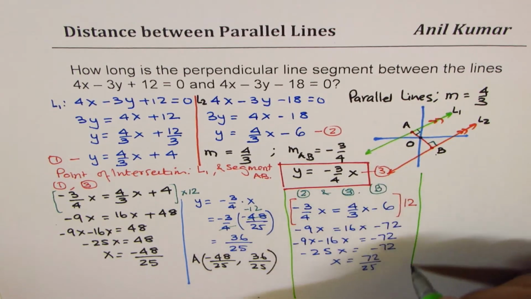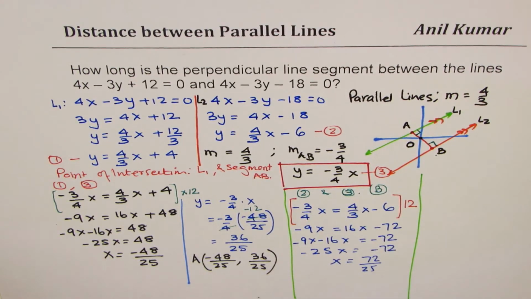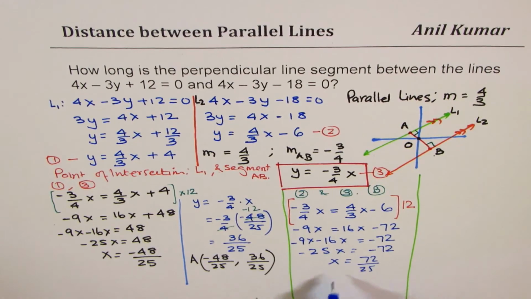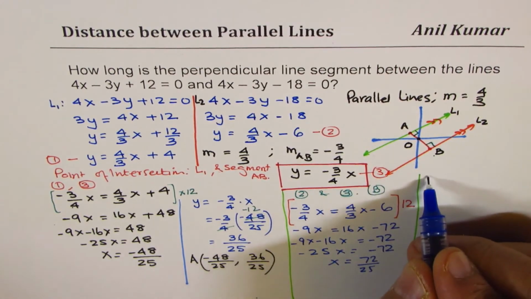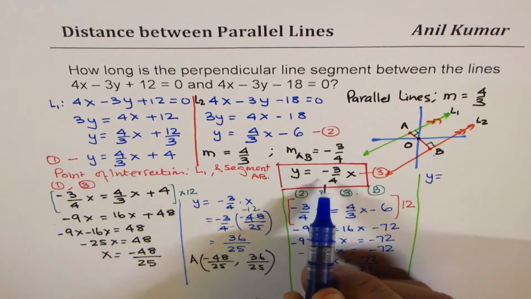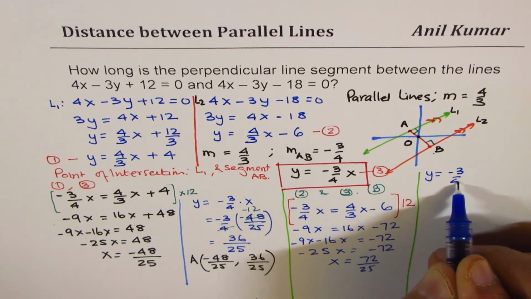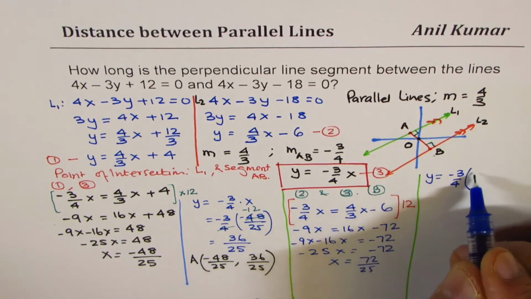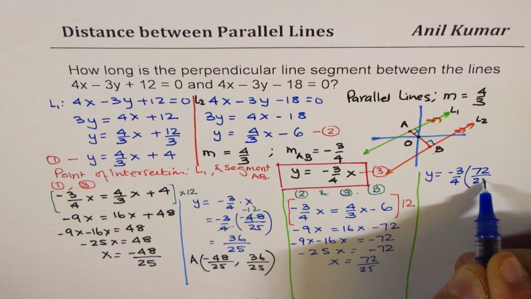Now let us find the value of the y coordinate. Y will be equal to minus 3 over 4 times the x value, which is 72 over 25.